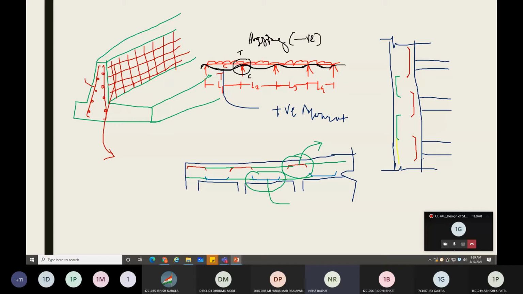So I'm just taking this reinforcement like this. We will see at the time of design that throughout the length, these are the reinforcement that you are going to provide, right? So these are the reinforcement which are placed in a horizontal direction, right.